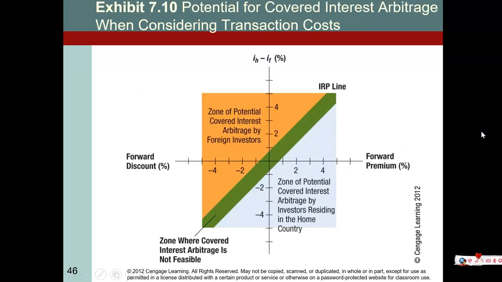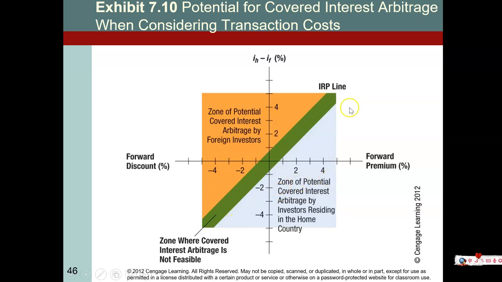If we consider all of those costs, including transaction costs, our IRP line becomes wider. It's a zone where covered interest arbitrage is not feasible. It's not just a straight line anymore. It becomes a wider area.